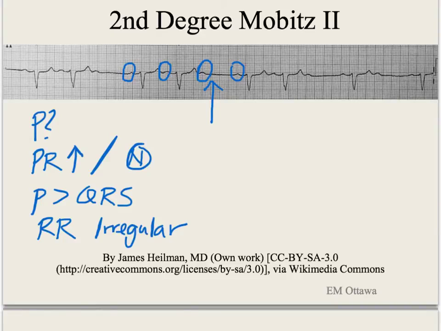What about the QRS complex? In this strip, the QRS complexes are wide. In other second-degree Mobitz type 2 blocks, the QRS complex can be narrow. It really depends on whether the block is at or below the AV node. The lower the block is, the wider the QRS complexes will be.